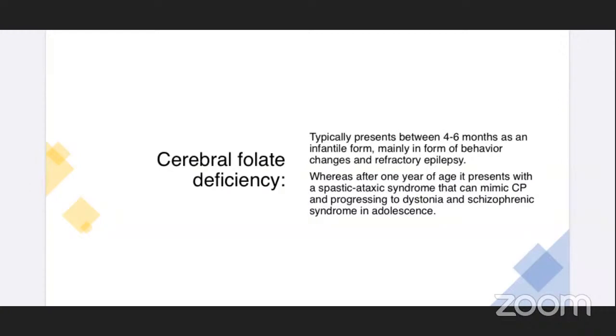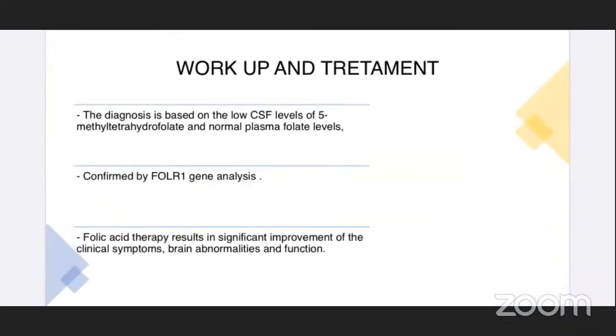Diagnosis is based on a low CSF level of 5-methyltetrahydrofolate and normal plasma folate levels, confirmed by FOLR1 gene analysis. Folic acid therapy results in significant improvement for such patients.